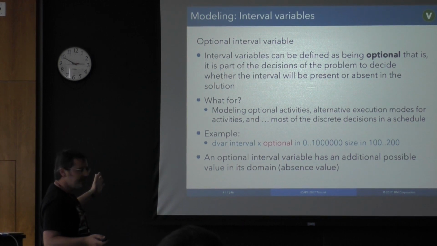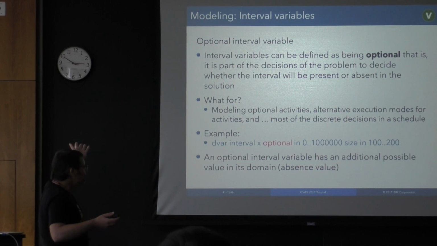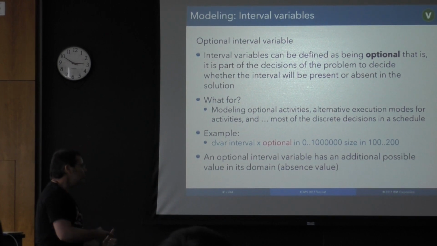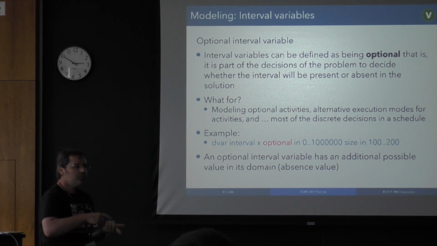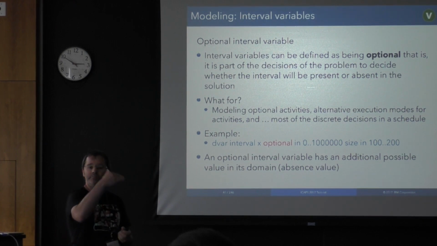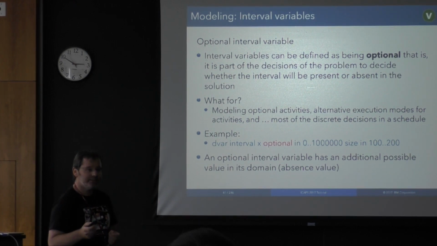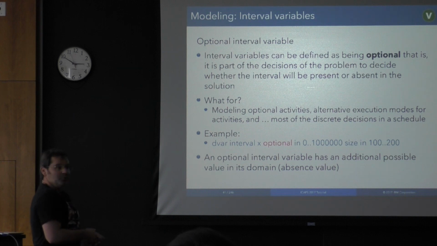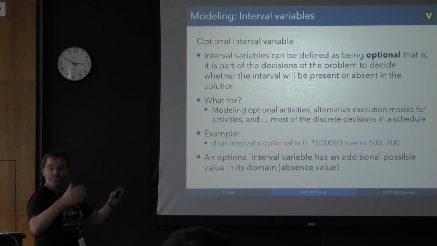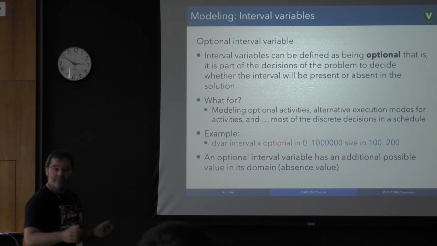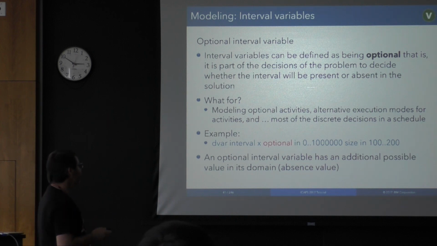We will see many use cases, but it's used as soon as you want to model optional activities. For instance, if you want an activity that has alternative modes of execution, then you will have basically one optional interval variable for each mode. That's quite easy.